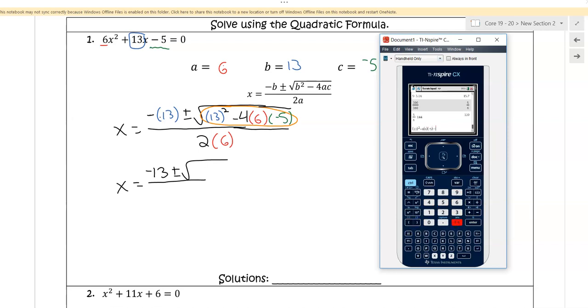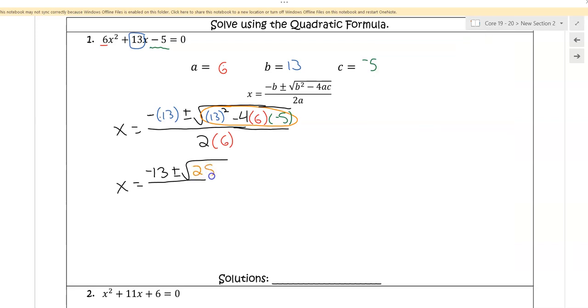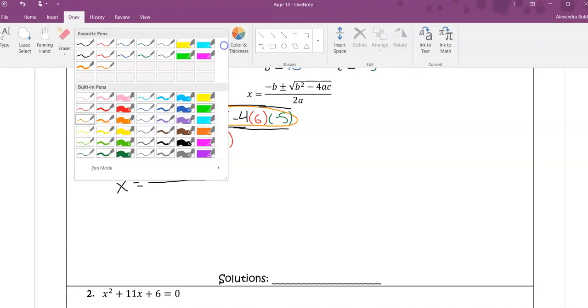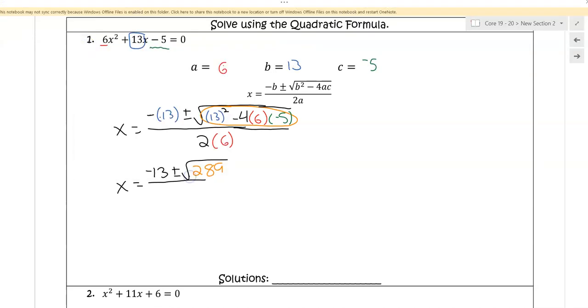Remember, the negative button's down here. This is subtraction, so be careful with that. And I get 289, so that 289 goes right there. I still have a square root sign, I haven't done that yet. And then on the bottom, 2 times 6 is 12. So I kind of simplified the 3 different parts of it.